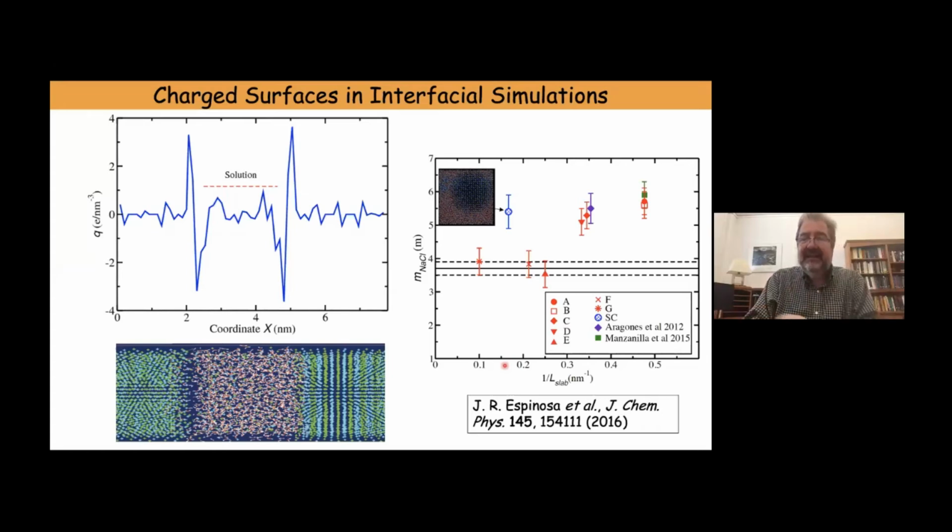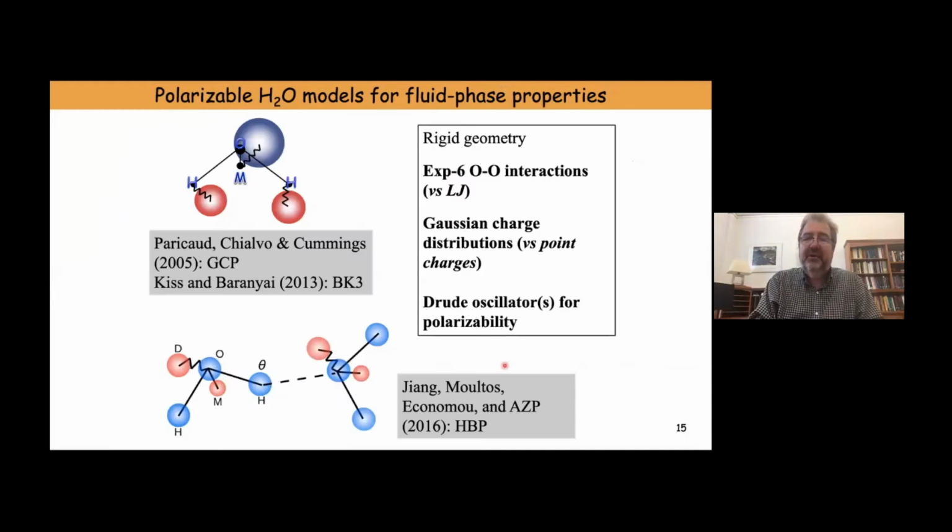So that's a side issue. The key message thus far is that basically all the fixed point charge models overpredict the activity coefficients at high concentrations and underpredict the solubility. So the ion-ion interactions are not as favorable at high concentrations as they should be.